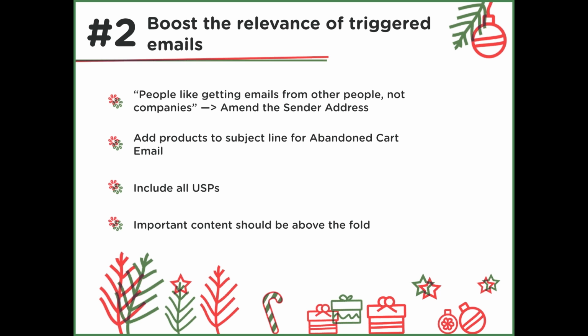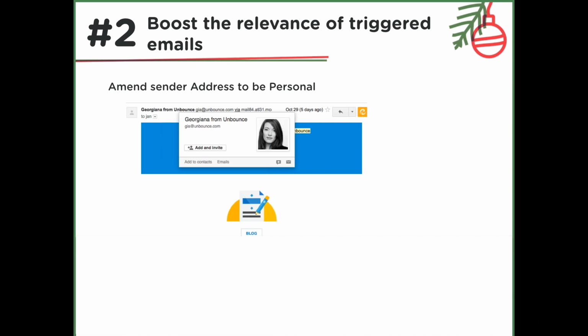So point number one, people like getting emails from other people, not companies. I think the example that I show here is one of the blogs that I read. It's from unbounce.com. And I get an email from Georgina from Unbounce. I mean, obviously, it's probably not Georgina. It's probably some huge bald dude sitting in his basement somewhere.